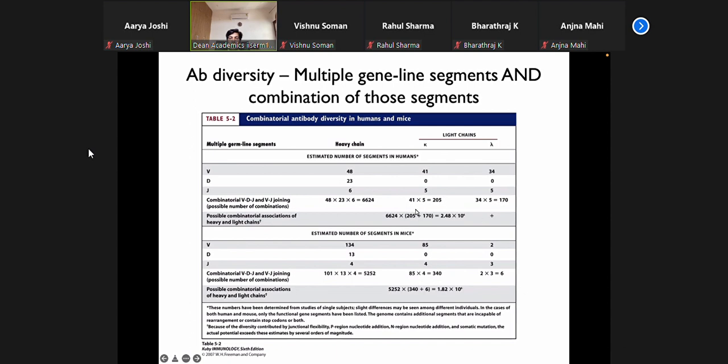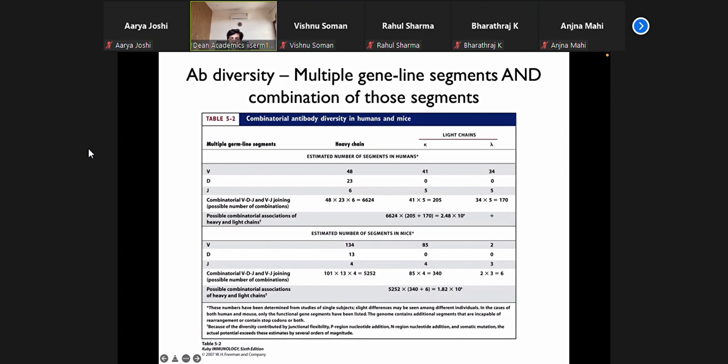Let's say you get x. You multiply that x by the number you are getting from the VDJ of the heavy chain, and this is the diversity that you are able to generate for VDJ recombination in humans, right? And this is not even talking about the extra nucleotides added or removed, P nucleotides or N nucleotides, pseudogenes, gene conversion.